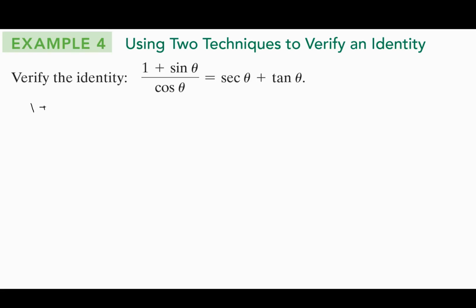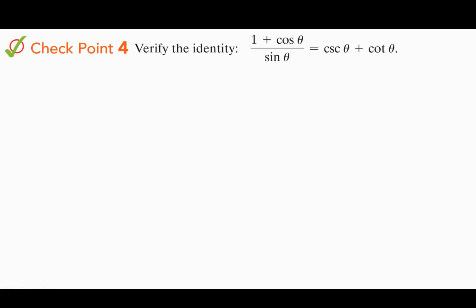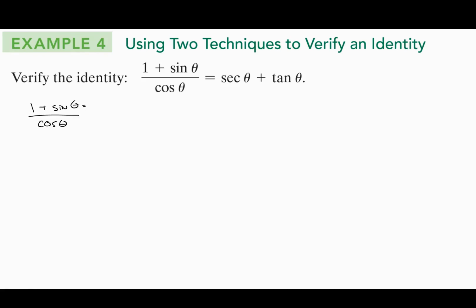So 1 plus the sine of theta over the cosine of theta is equal to the secant plus the tangent.